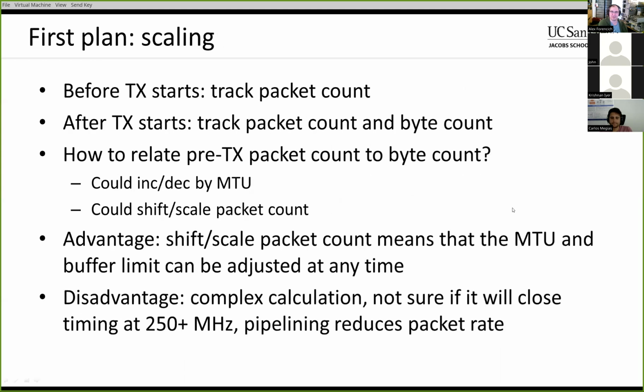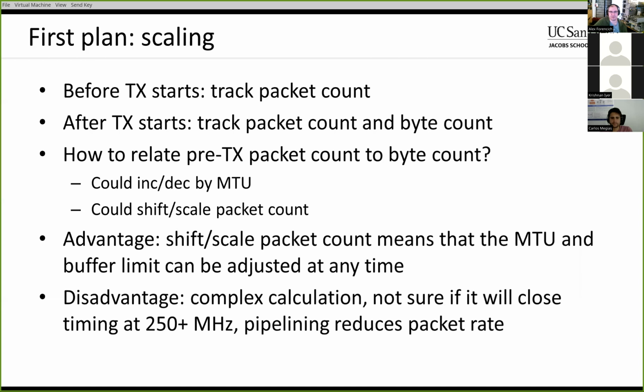All right, so the first idea I had for implementing this is scaling. Before the transmit operation starts, you just track the packet count. After the transmit starts, you track the packet count and the byte count, because you know how big the packets are. So the question is, how do you relate the number of packets before you know the packet size to the byte count? You could increment or decrement by the MTU, one packet at a time. You could also scale and shift the packet count.